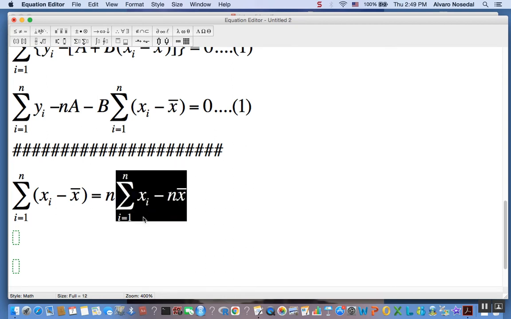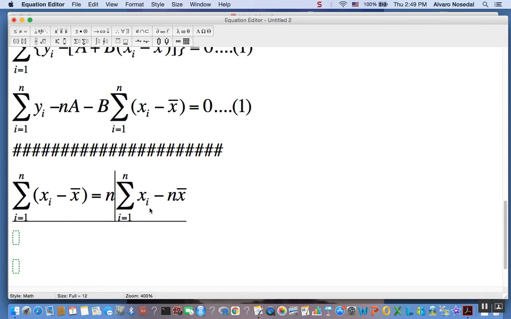We could multiply by 1, right? If you multiply and divide by n, what you have here is that this guy is n times x bar, right? Summation of xi's divided by n times n, you have n times x bar minus n times x bar. So that's just 0, right?